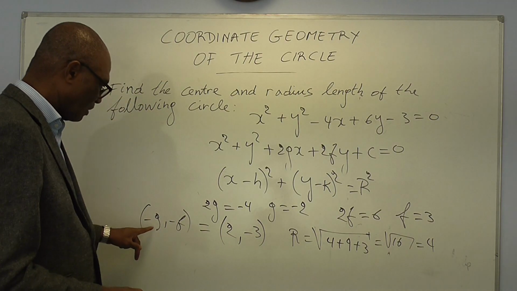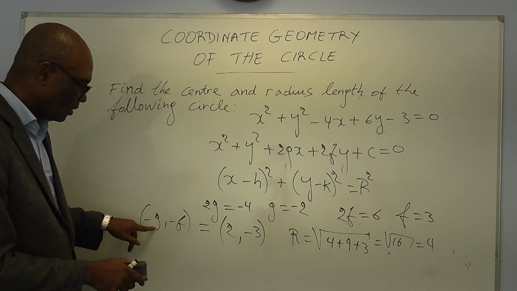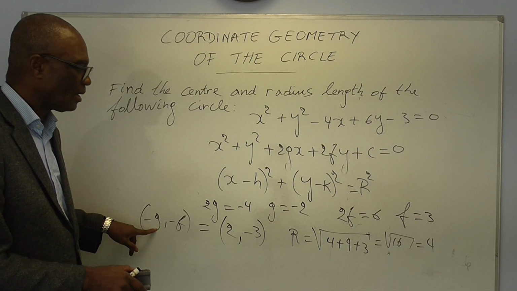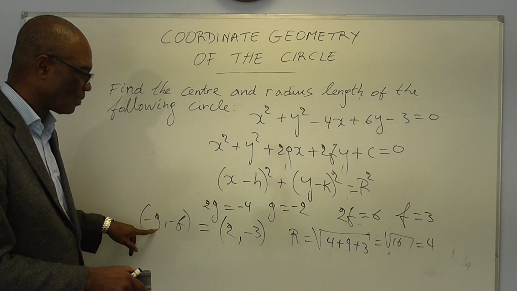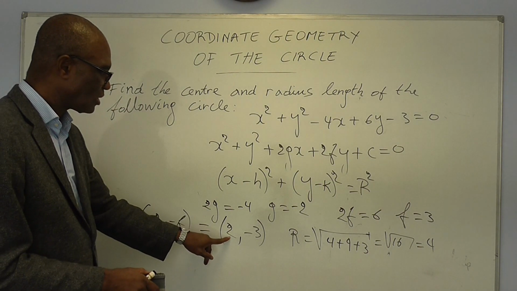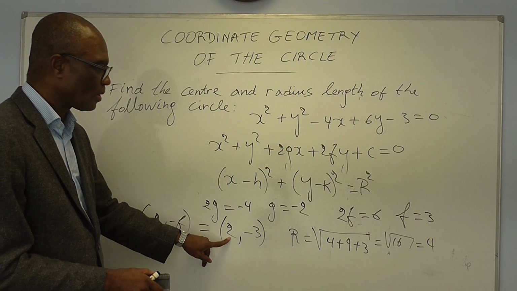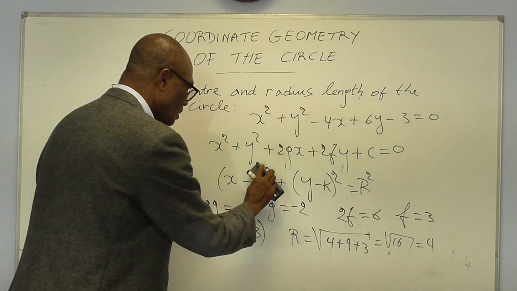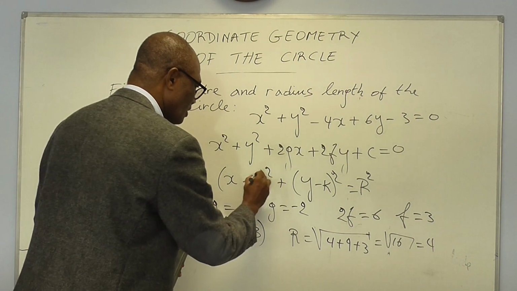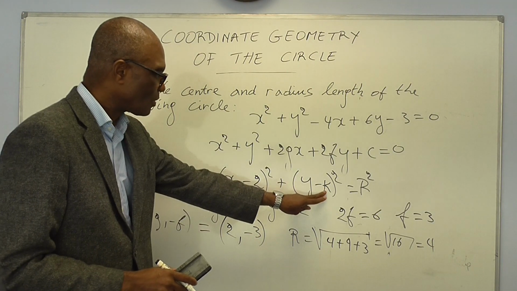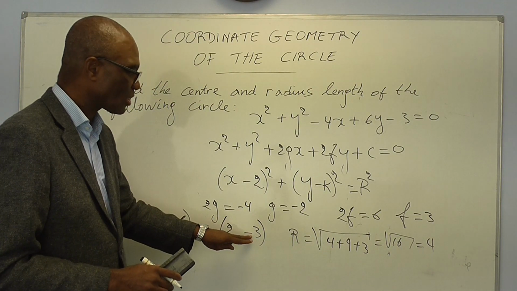H is minus g. Okay? H is minus g. That means h is 2. So we are going to replace h by 2, and k is replaced by minus 3.